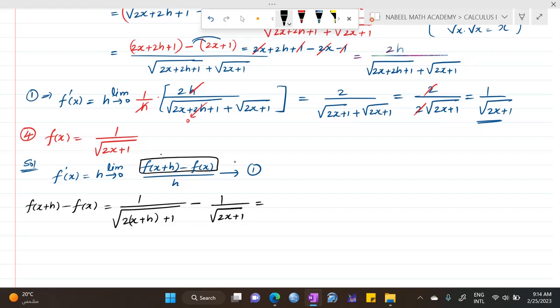If you simplify this one, what happens here? So first, you have to cross multiply here. So the first step is cross multiply.